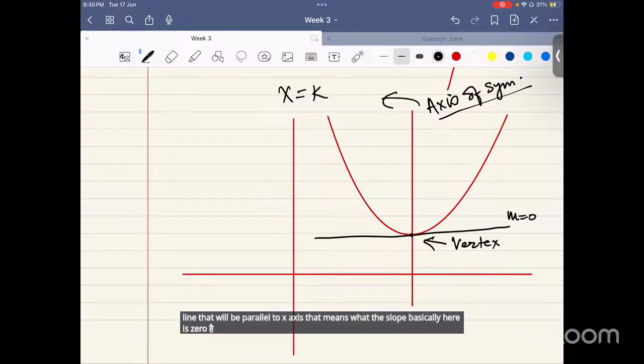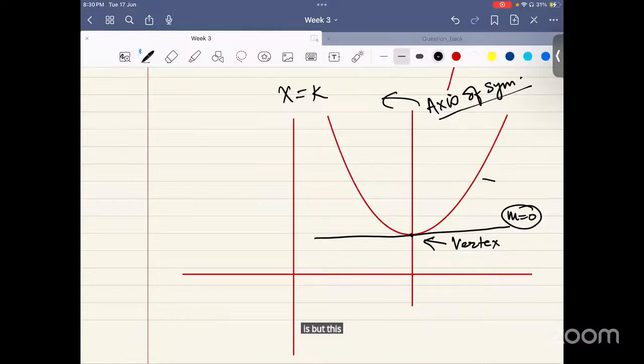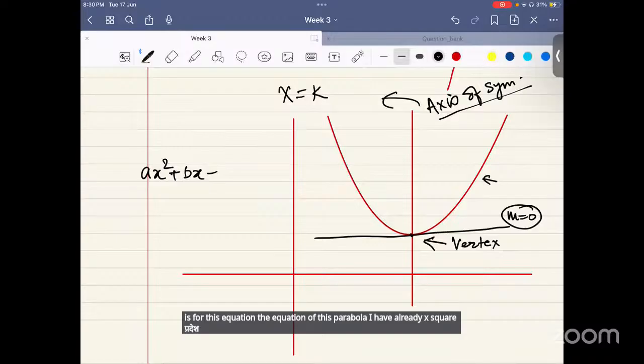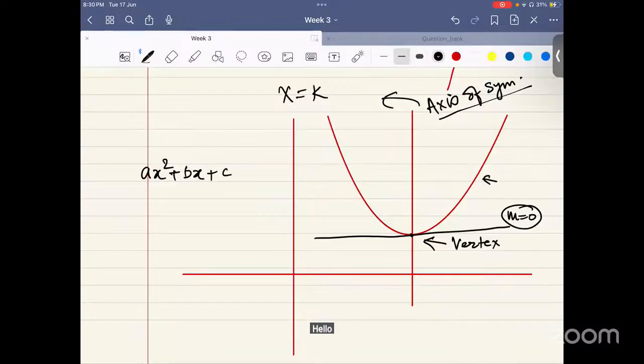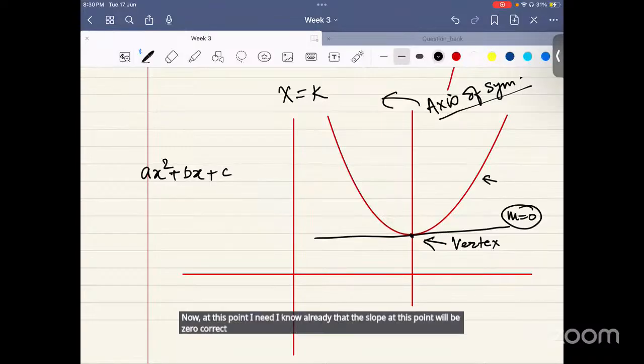Now, any line that is parallel to the x-axis, the slope will be 0. Now, what I'm trying to do is, for the equation of this parabola, I have already x square plus bx plus c. Now, at this point, I know already that the slope will be 0. Correct? So what I've done is, I just kept it as x itself.